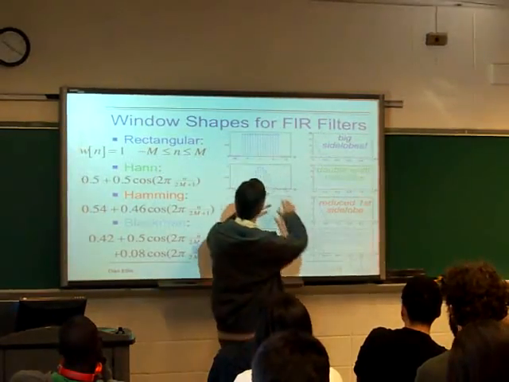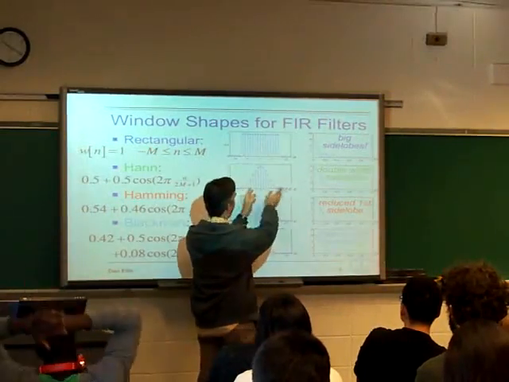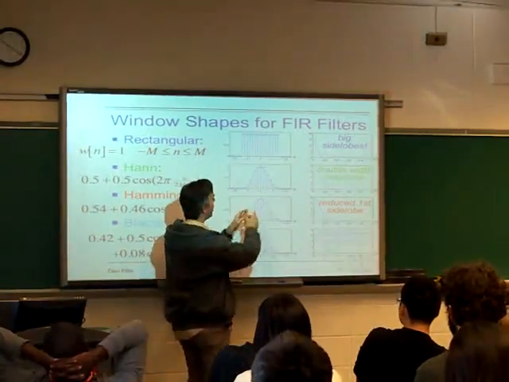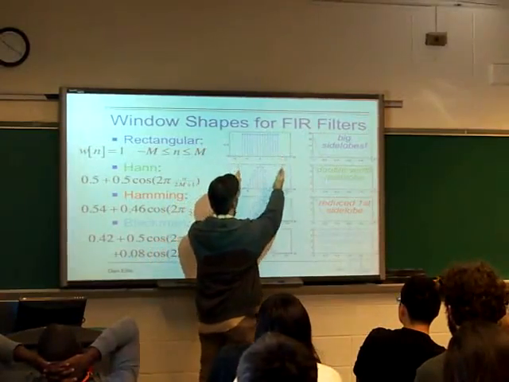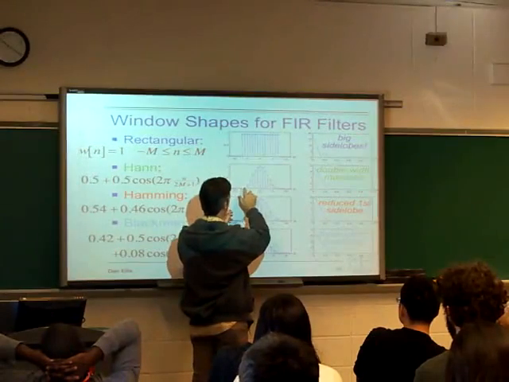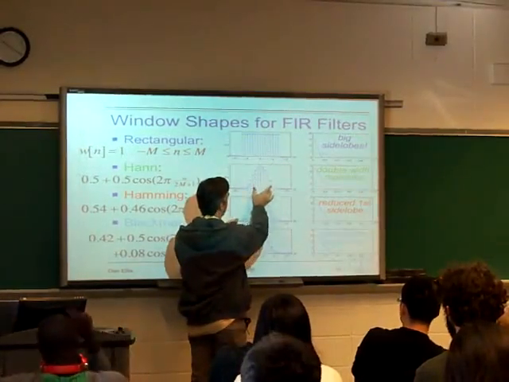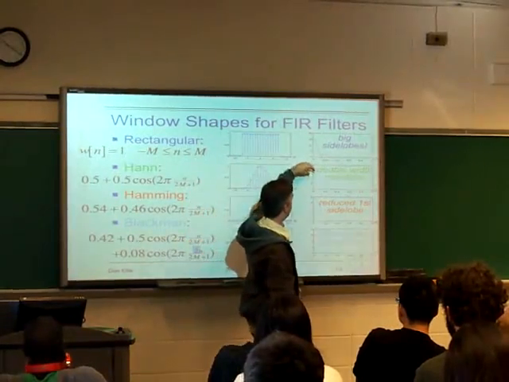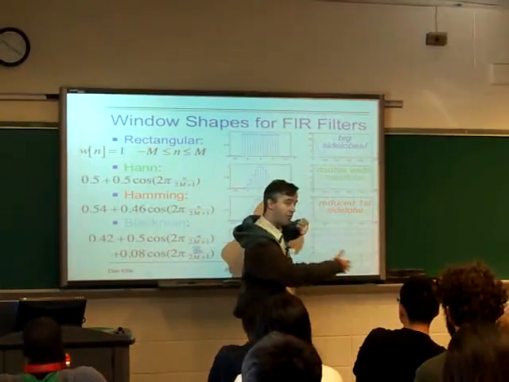But because we've sort of made it effectively narrower, right? The number of non-zero values is the same. It's the same length of FIR filter, but a lot of these non-zero values are quite close to 0. So its effective width is smaller in time, and so its effective width in frequency is broadened out.